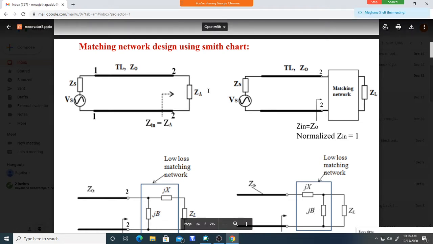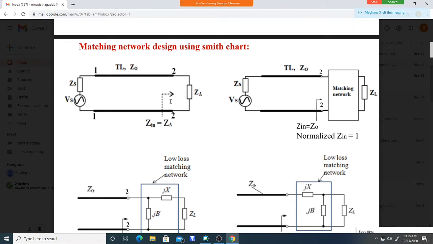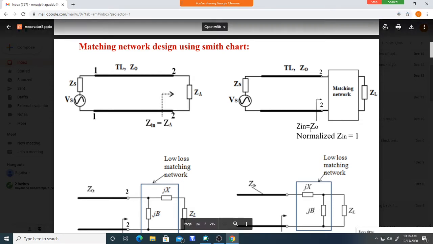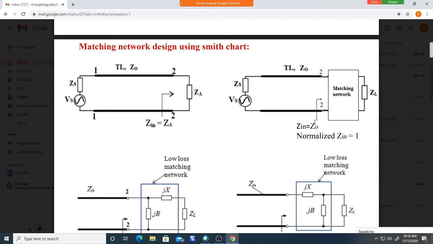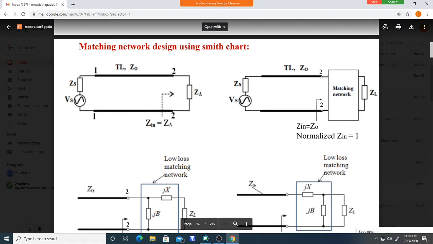So what we need to do, looking between these two terminals towards the load, is change the impedance to Z naught by connecting a matching network like this. Looking towards 2, the impedance must be equal to Z naught. Then this source will deliver maximum power to the matching network.